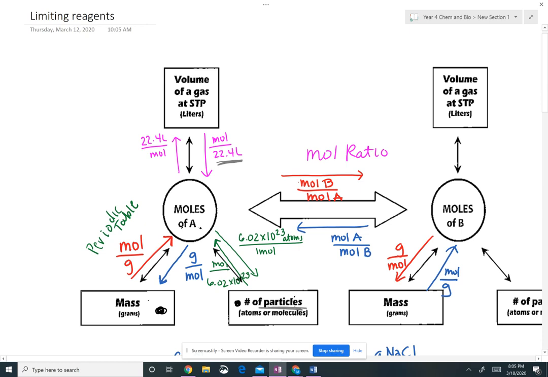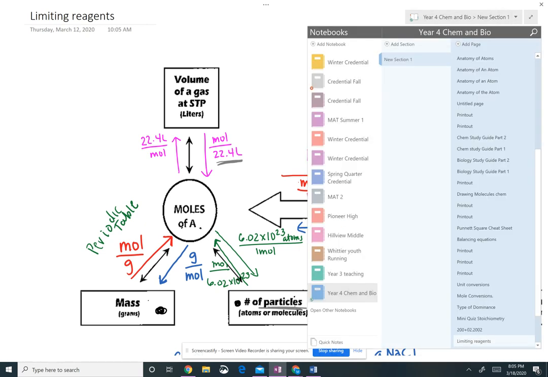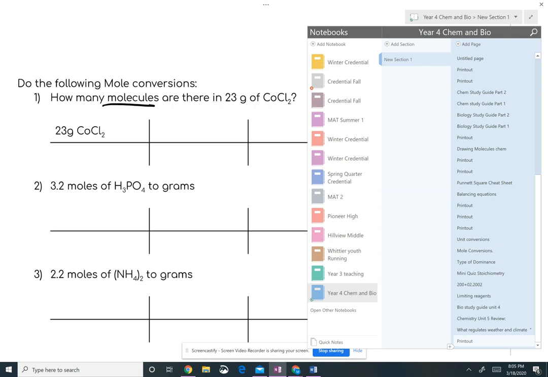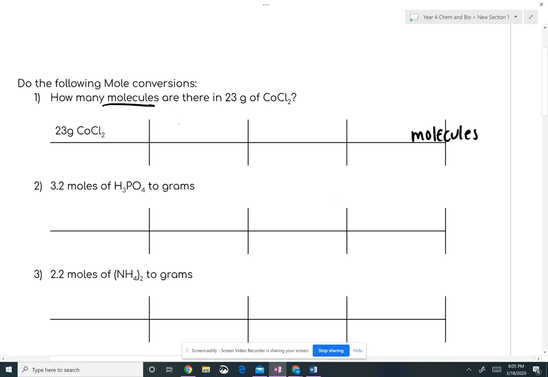Those are the steps I'm going to take. So my first thing is that I want moles, and from moles I'm able to convert all of these things. So this should be right here: 1 mole of CoCl2, and then I should have grams of CoCl2.